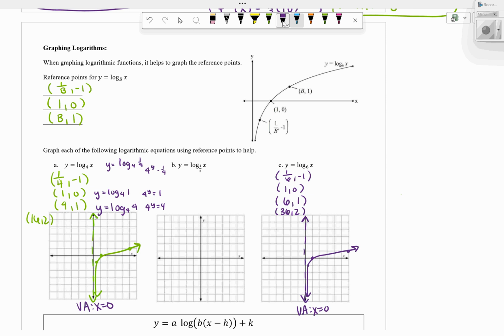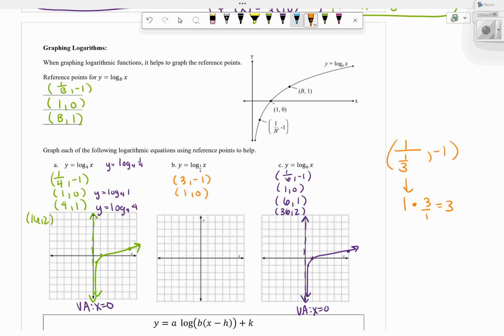Looking at the next one, we have a slightly different problem because notice the base is now a fraction. So for this one, we have 1 over the base, so 1 over 1/3, comma, -1, and we don't want to leave our fraction like that. So what is 1 over 1/3? Remember, when you have a fraction divided by a fraction, you keep, change, and then flip. So that's actually 3. So this would be 3, -1.